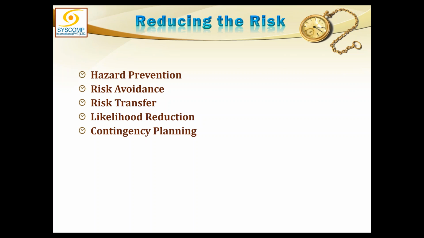And the last strategy is risk acceptance. When you believe that you have done a thorough analysis, and you could not have avoided the risk or transferred the risk or mitigated the risk, that means you can't do anything about it. So you just accept the risk as it is because there is no other way available to you.